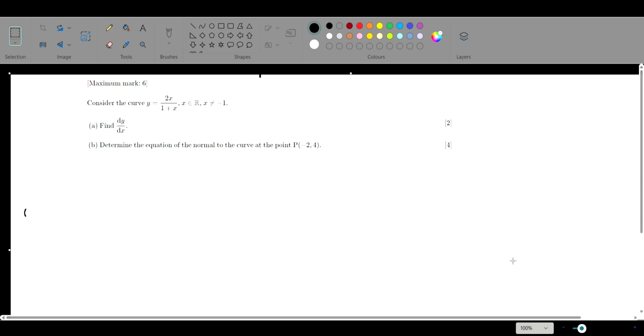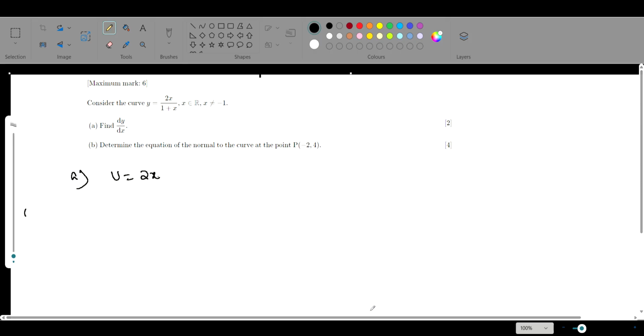So it's minus 1 plus x squared over 2 minus 2. No, plus 2. No, minus 2. Is that the answer?